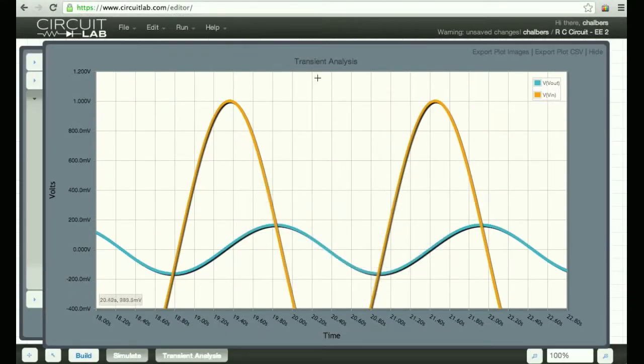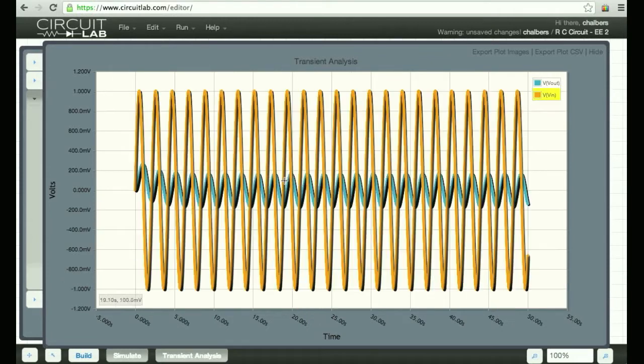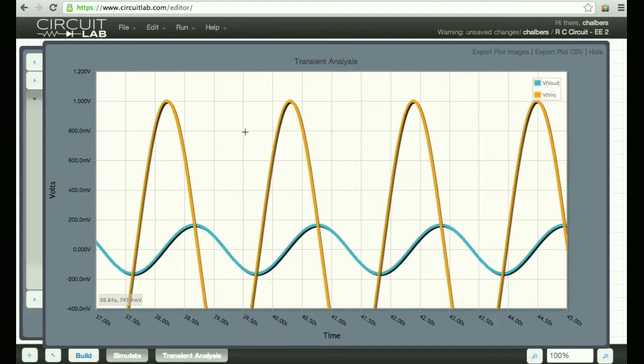Okay, let me just bring that up again. Okay, screw that. There it is. My input's height is 1 when the time is 40.30.